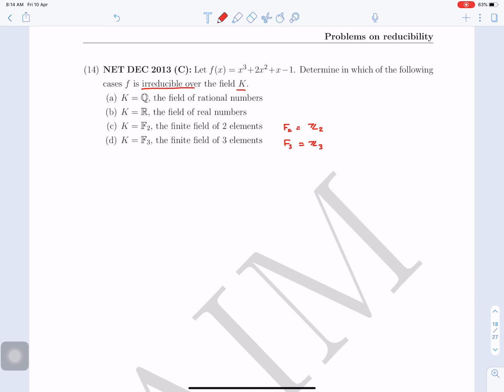So if you see option B, then we know that any polynomial of degree greater than or equal to 3 is always reducible over R, and we are interested in irreducible, so over R it is reducible, so option B is not correct.